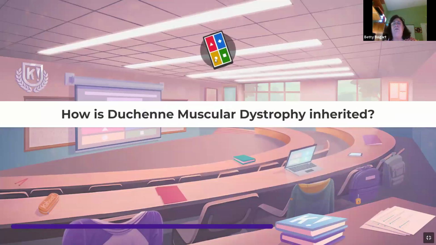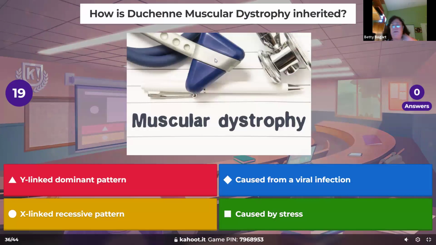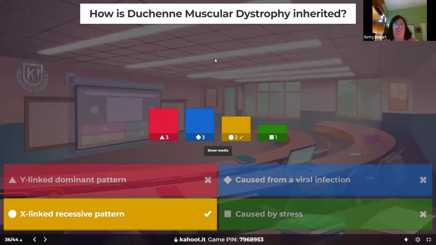How is Duchenne muscular dystrophy inherited? It comes from mommy. I know many years ago there was a question on the HESI about a mother who found out that her son has Duchenne muscular dystrophy and whether she should have another child.